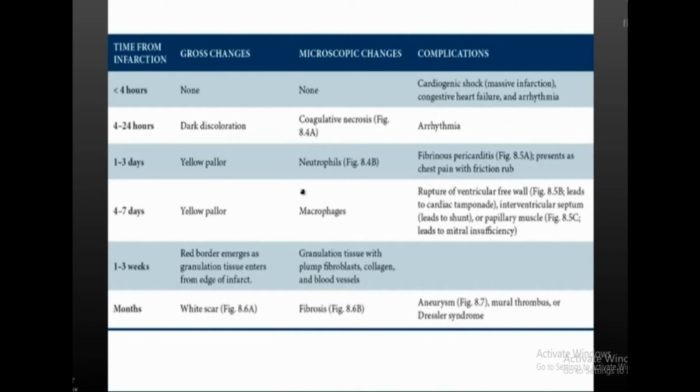These antibodies will react to our own body's pericardium, so it can eventually lead to death. This process is known as Dressler syndrome. And the gross change is white scar formation, and the microscopic change is fibrosis.